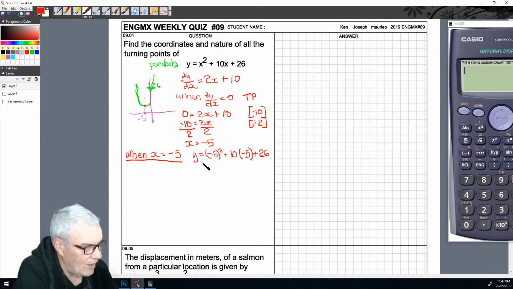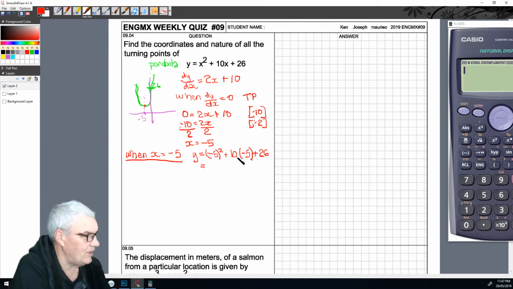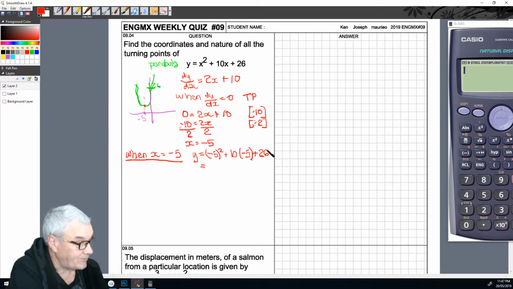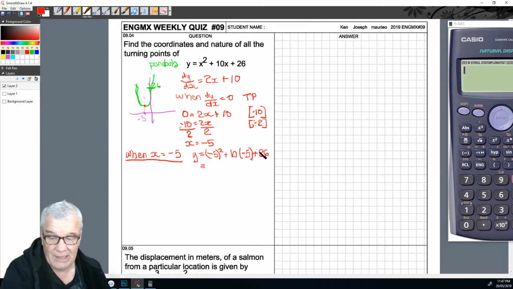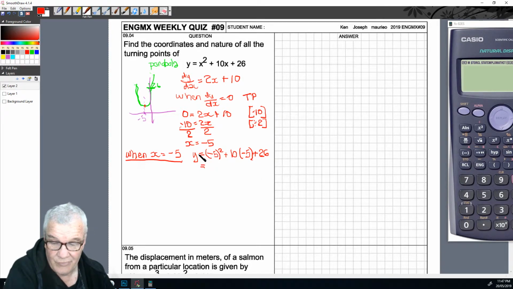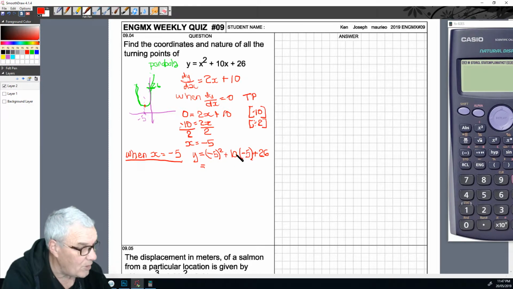Okay, so -5 squared, well, you could put that on the calculator if you wanted to, but you're clever, so you should be able to do it in your head. -5 squared is 25. And 10 times -5, well, when you multiply by 10, you just add a 0, so that's -50. 25 minus 50 is -25, plus 26 is 1. Oh, that was easy. But you could do it on the calculator.